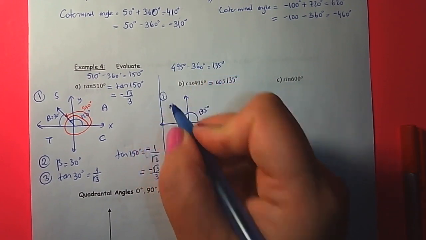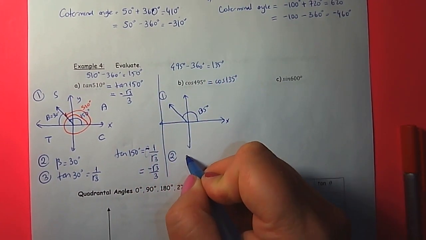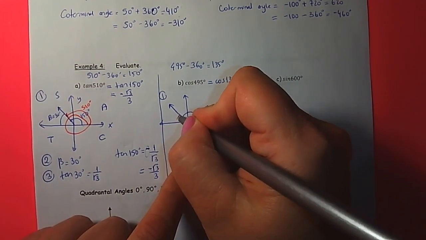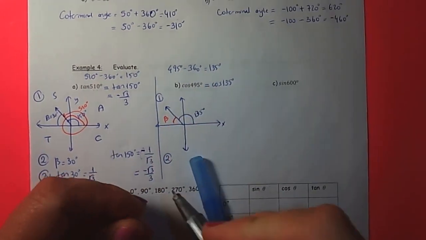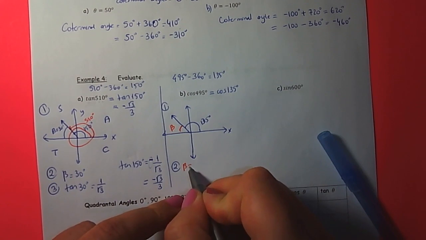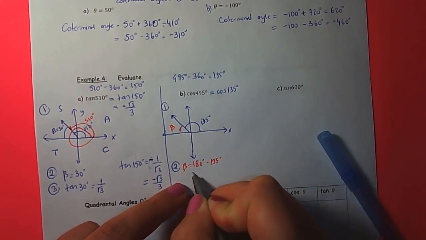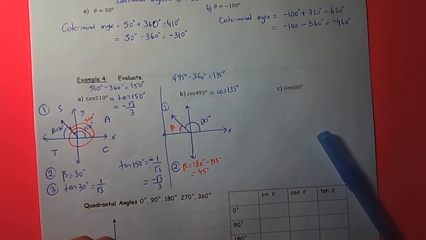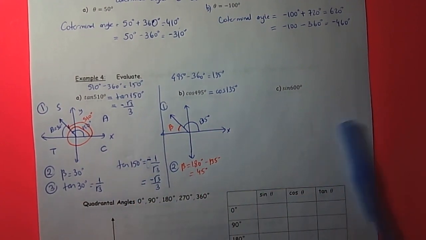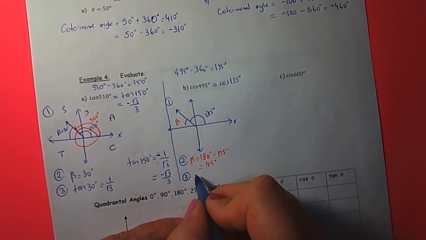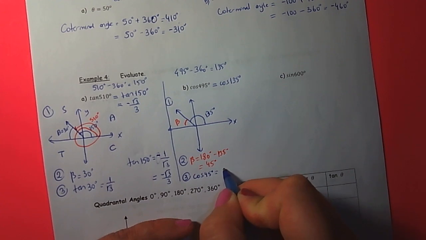So this is the first step. Step 2, find beta. Beta is 180 minus 135, so that gives us 45 degrees. Step 3, find the trigonometric ratio for the related acute angle. Cosine 45 degrees is 1 over root 2, or root 2 over 2.